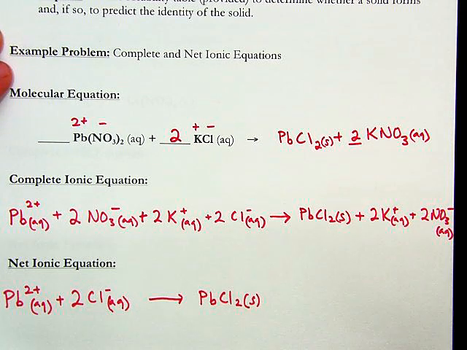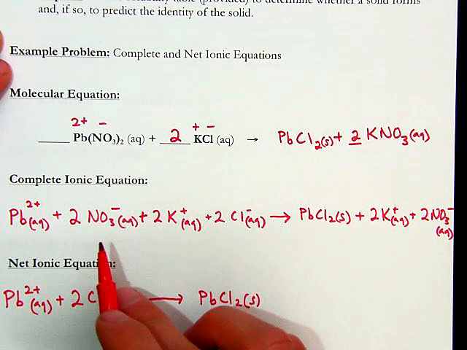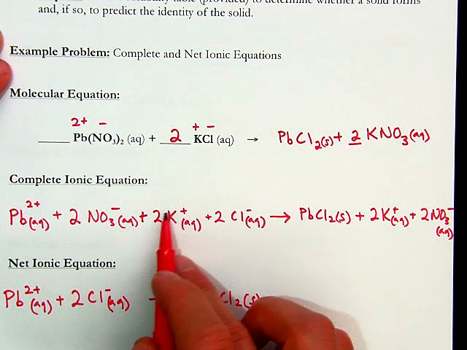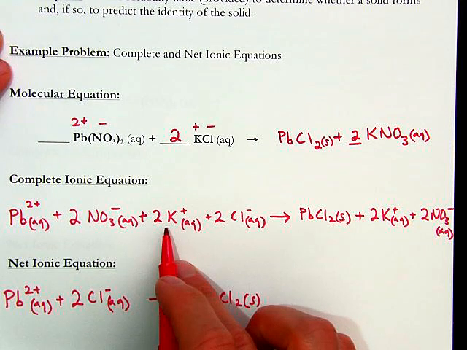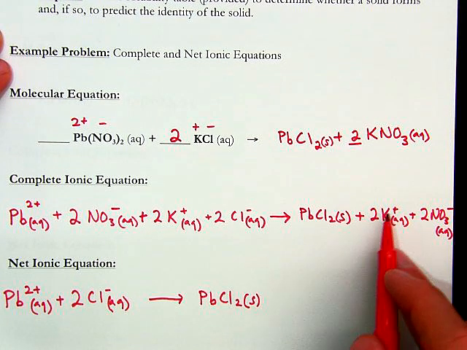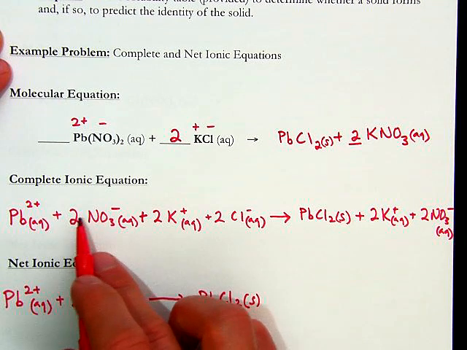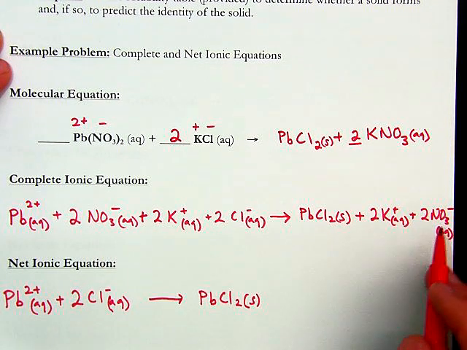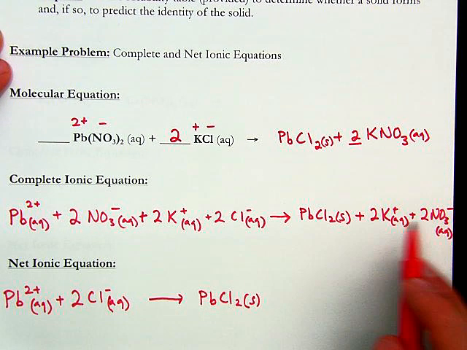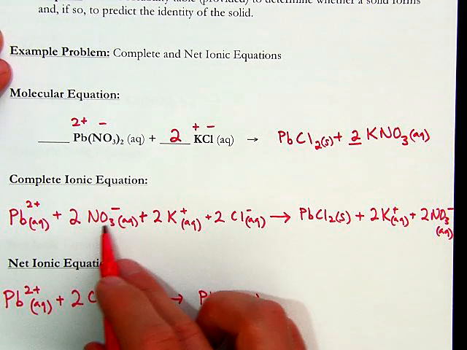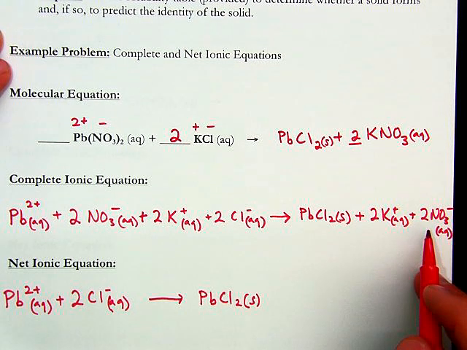Now notice what's not included. If we look in this equation, here we have 2 potassium ions floating around in solution, and afterwards we have 2 potassium ions floating around in solution. Also, we have 2 nitrate ions floating around in solution before, and afterwards we have 2 nitrate ions floating around. So both potassium and nitrate are present before and afterwards. They didn't do anything.